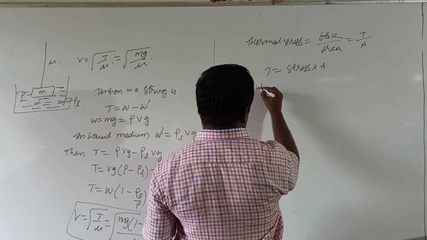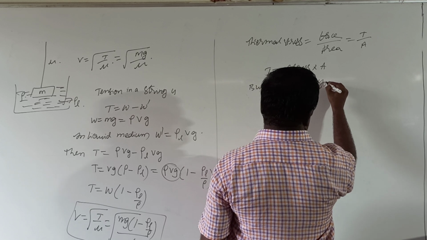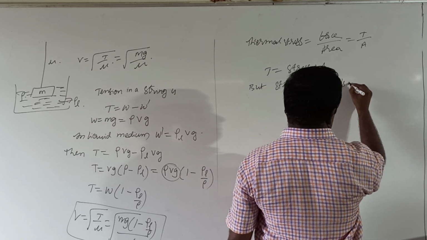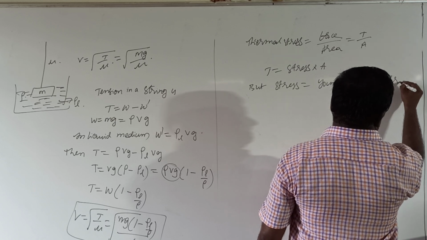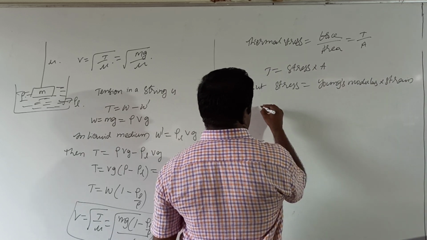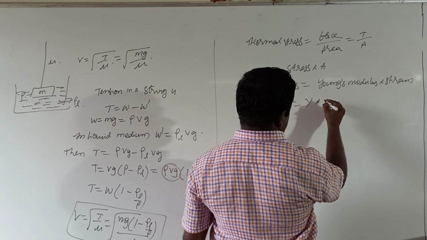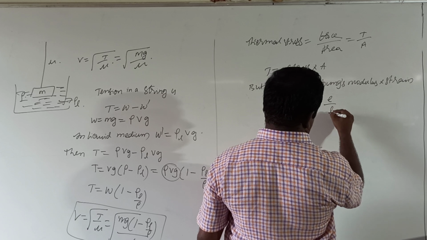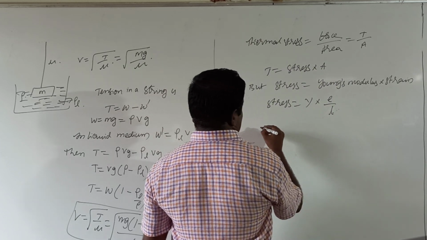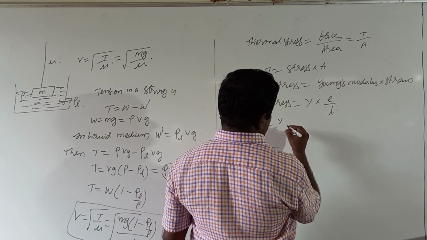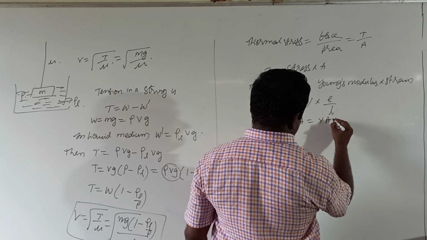But stress equal to Young's modulus into strain, where strain is change in length by length, e by L. Then tension T equal to Y into e by L into A, that is YAe by L.